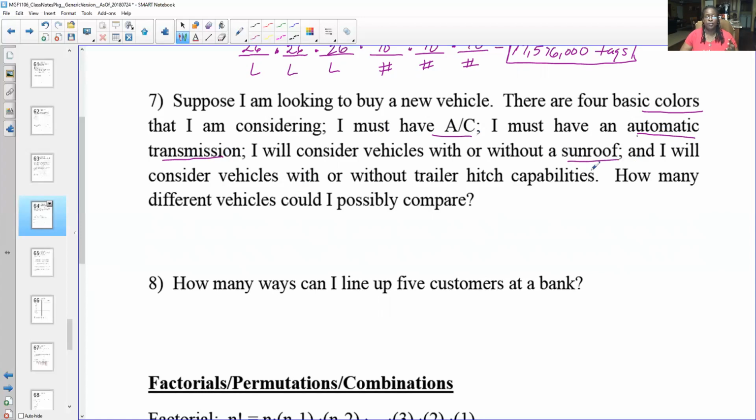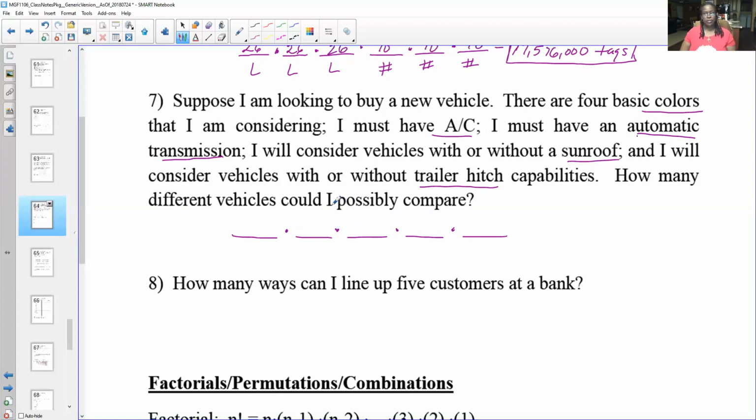Sunroof, that's 4. Trailer hitch is 5. 5 different things they gave us about this car. That means you need 5 lines. There's our structure. So we have 1, 2, 3, 4, 5. Here, here, here, and here.